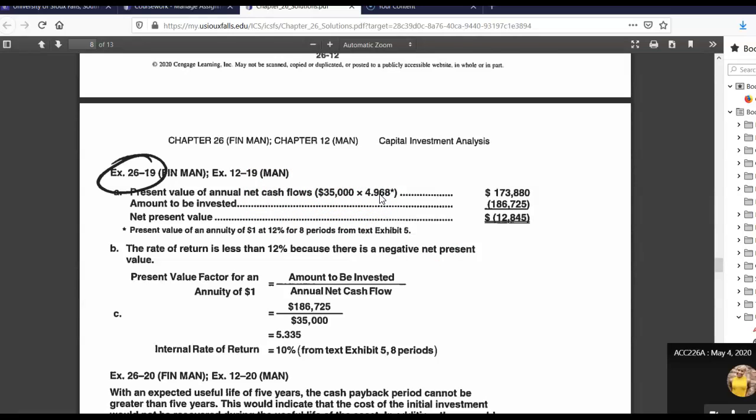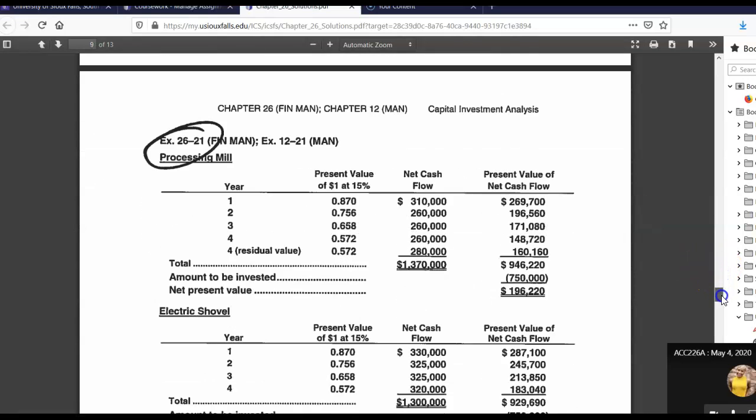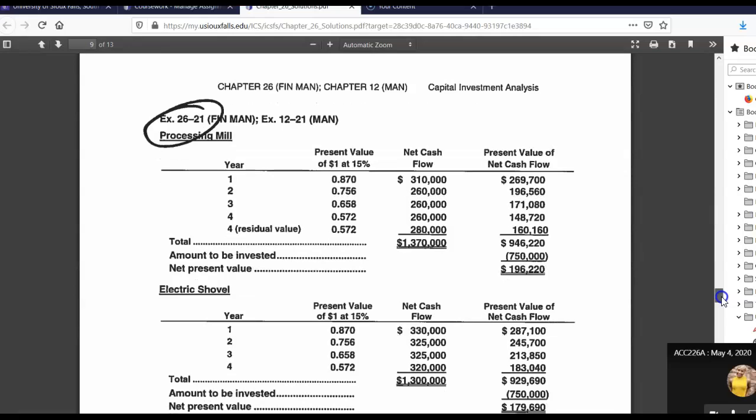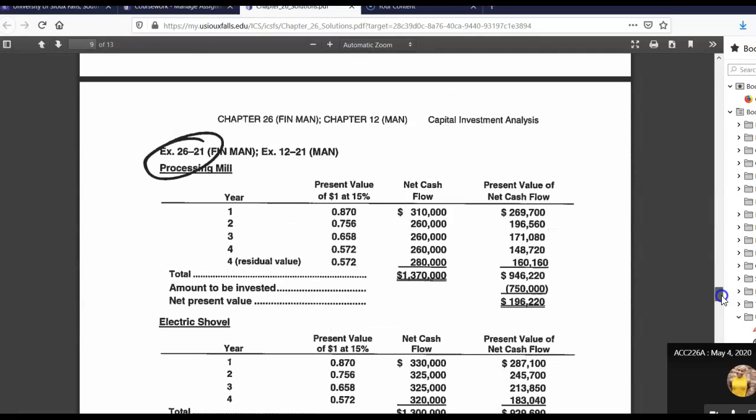Now you could certainly go back and use the present value of a lump sum table and just do it 8 times, and you'll still get the same number. But since it is the same annual cash flows, you can just use the annuity table. So there you have that same total, but then compared to what you would put into it to a net present value. So these net present value calculations, if you set them up the same every time, you'll not confuse yourself. Any questions on 21?